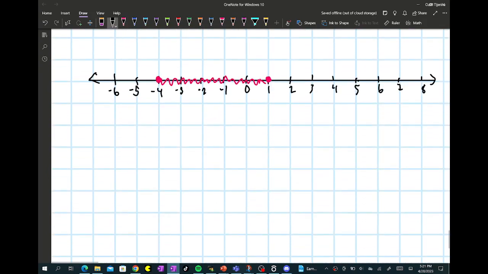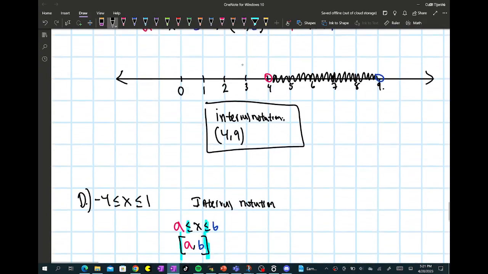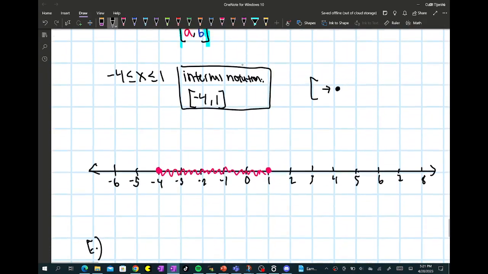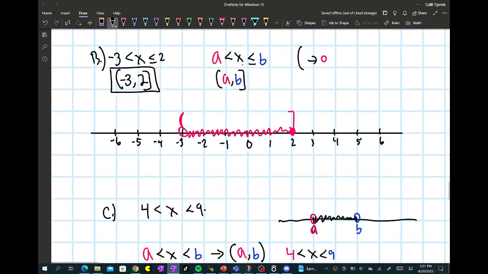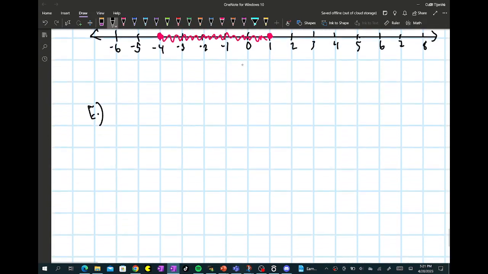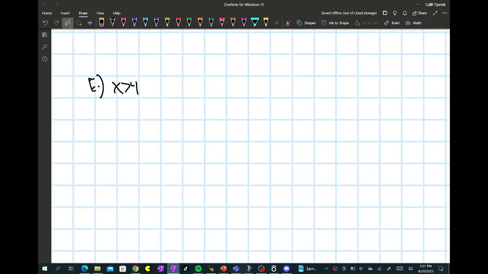Okay. Now part E says, so let's see. I think it's good. Part E says x is greater than 4. So we have x greater than 4. Now, this one implies that we need to do all values of x greater than 4.